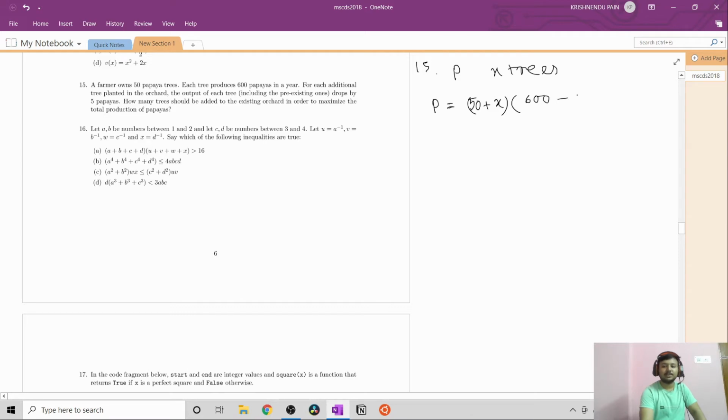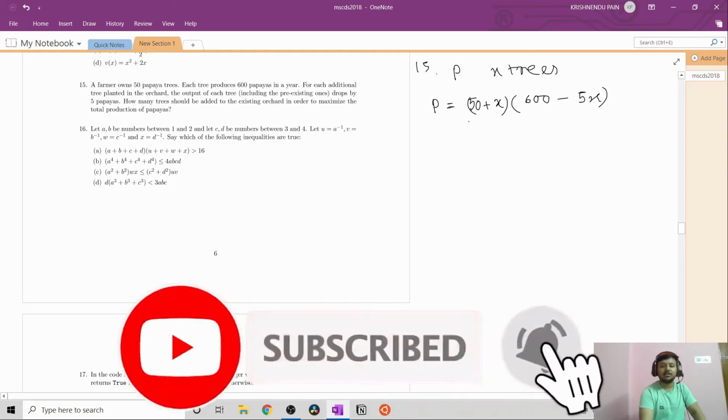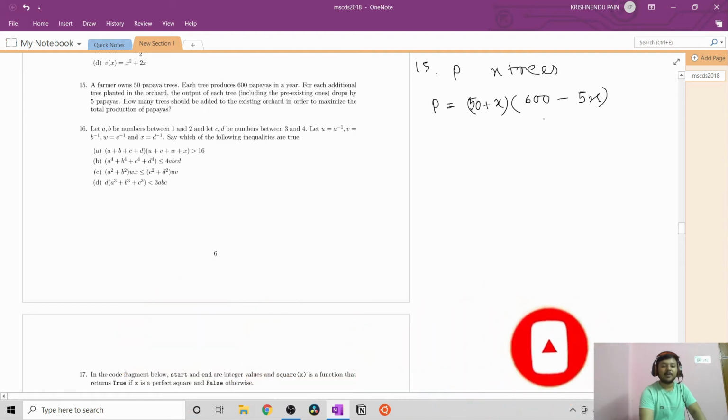It will be reduced by 5 into x, because for planting each of the x trees, the output drops by 5 papayas for each tree along with the pre-existing trees. So this is the total output in a year. We have to maximize P, so we need the value of x for the maximum value of P.